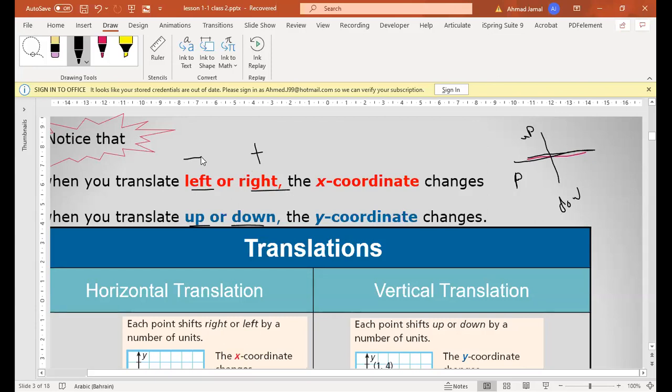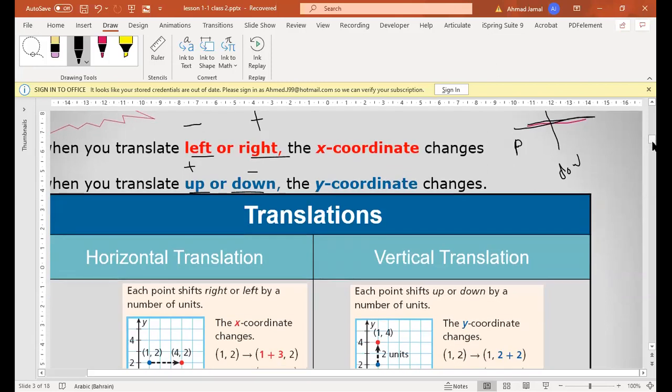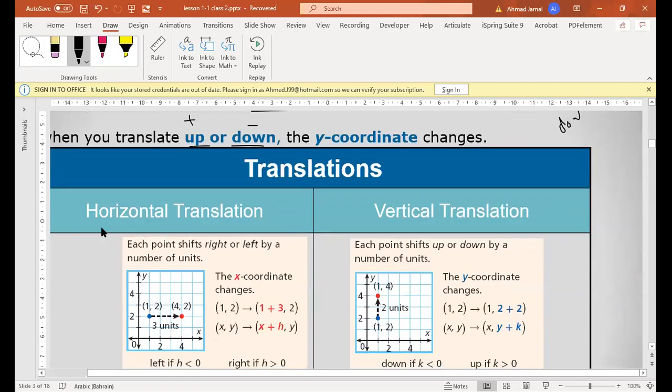In the same way, if the point moves up, y is positive, and down is negative in the y coordinate. For a horizontal translation, which coordinate changes? The x coordinate. So I add or subtract in the x coordinate.